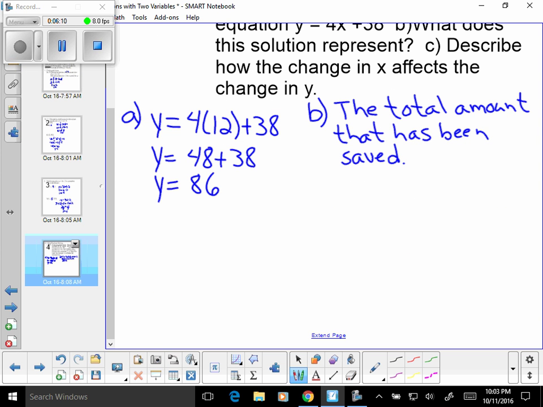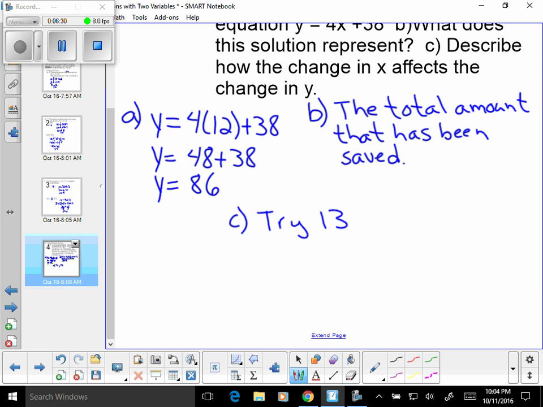Now C says describe how a change in x affects the change in y. It's usually a good idea to try an x that is 1 higher than what they gave us. So I'm going to try 13.